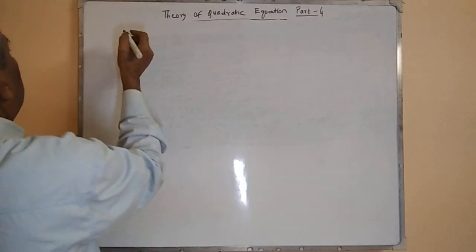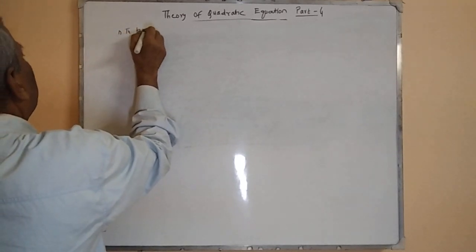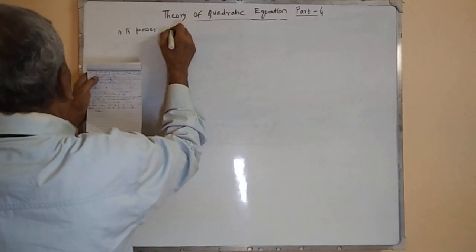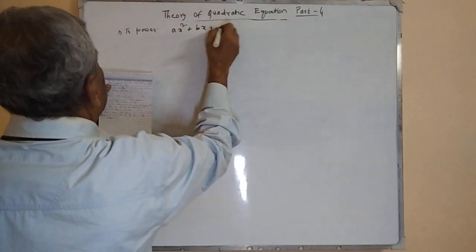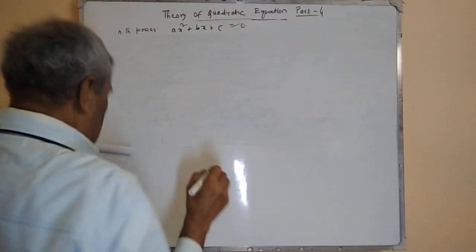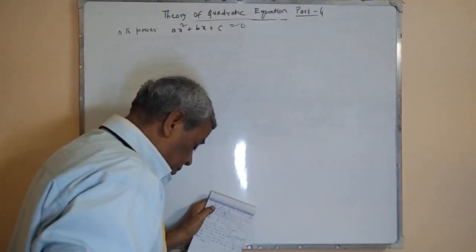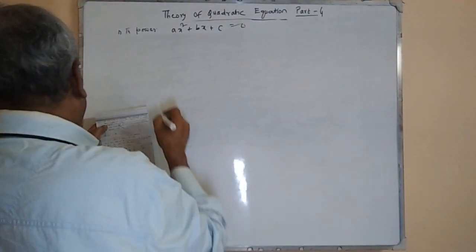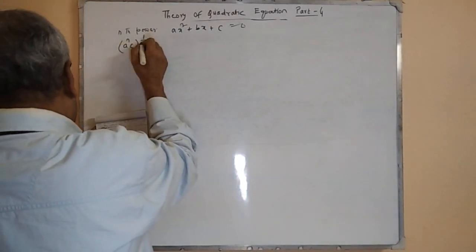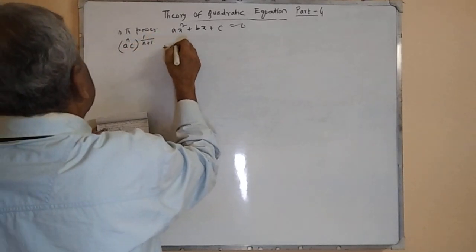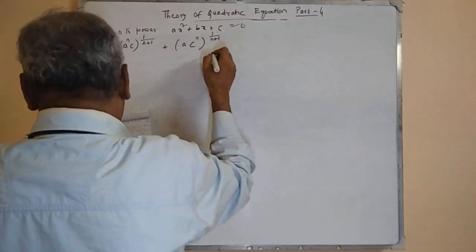If one root is nth power of other root of ax square plus bx plus c is equal to 0, then the value of a to the power n c to the power 1 by n plus 1 plus a c to the power n whole to the power 1 upon n plus 1 plus b.